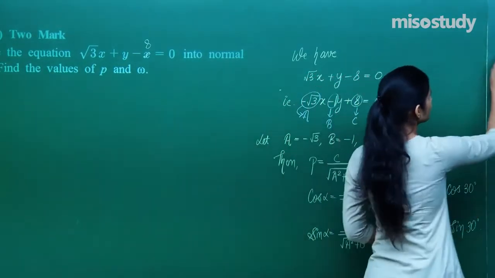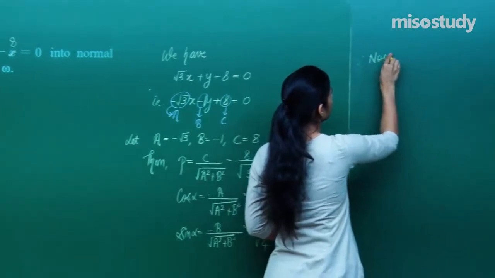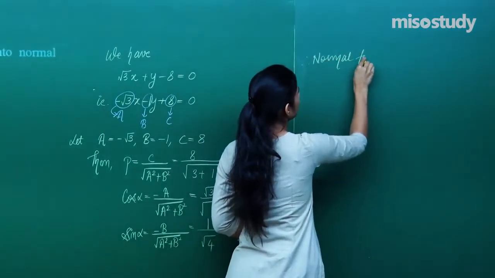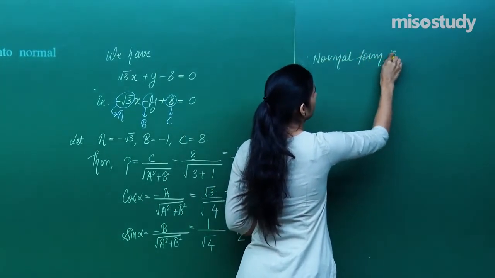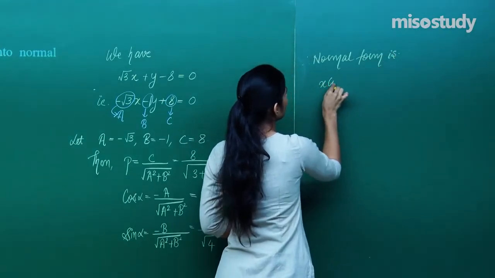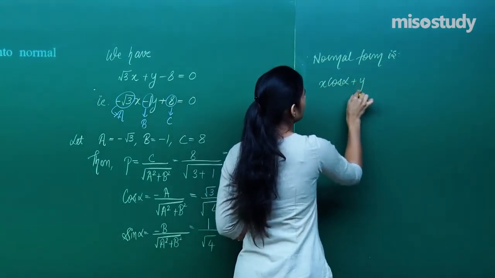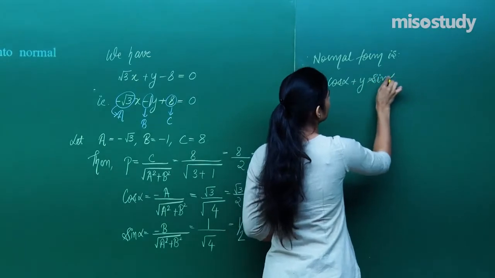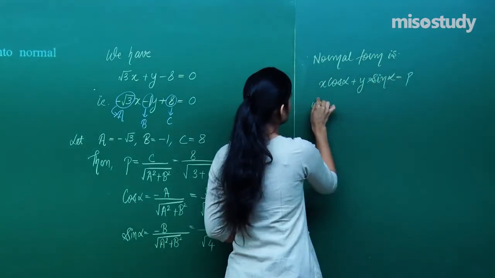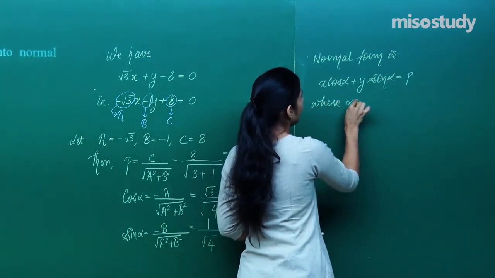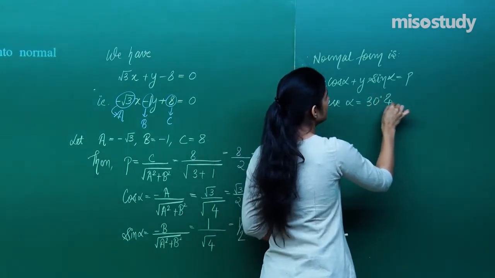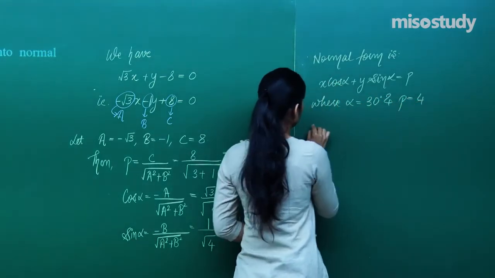Therefore, normal form is what? Normal form is x cos alpha plus y sin alpha equals p, where alpha is 30 degrees and p is 4.